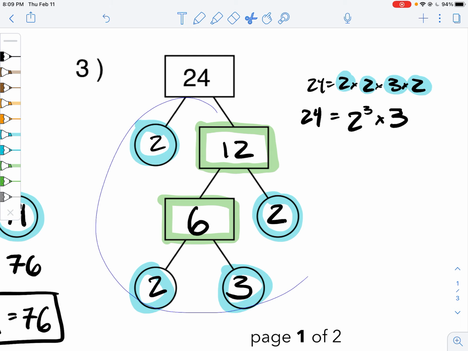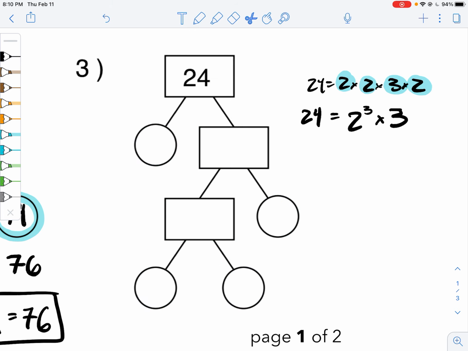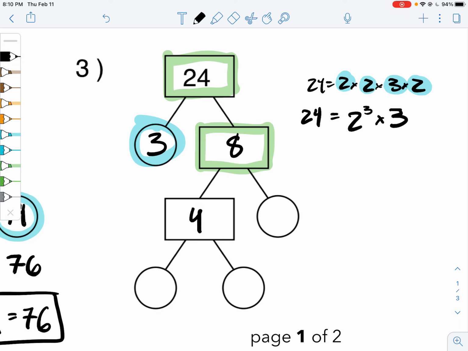But check it out. This is not the only way to factor it. What if instead of breaking out a 2 first, the first prime we pulled out were a 3? That would give us 3 times 8. 8 we can break up into 4 times 2. Again, keeping our prime number in our circle, our composite that can be broken up in a box. And then 4 is 2 times 2. 2 we cannot break, so it's done.